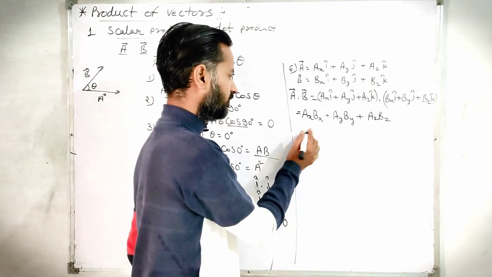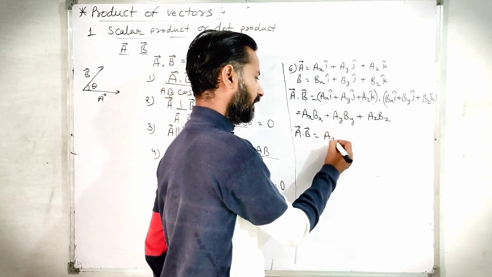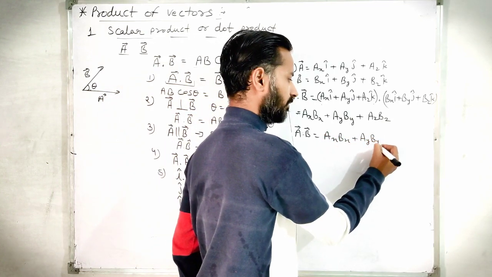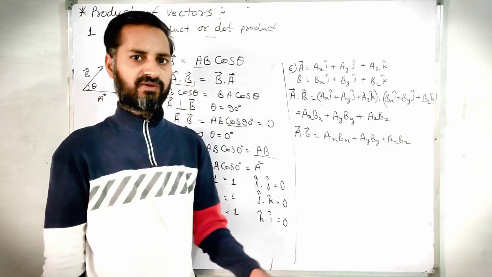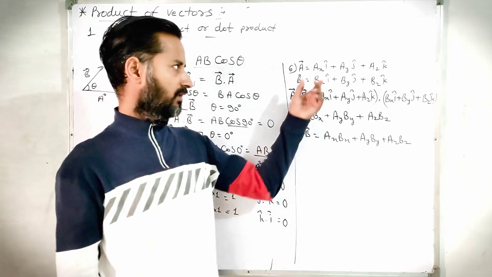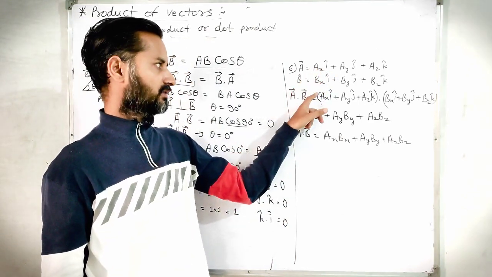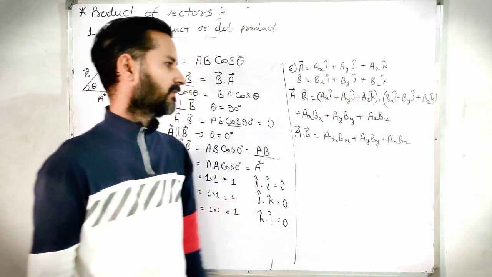So this is our result. A dot B equal to Ax Bx plus Ay By plus Az Bz. So if we want the dot product, then multiply all components with the same component, x with x, y with y, z with z.